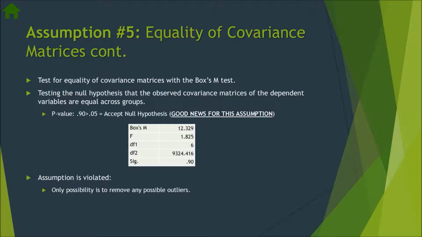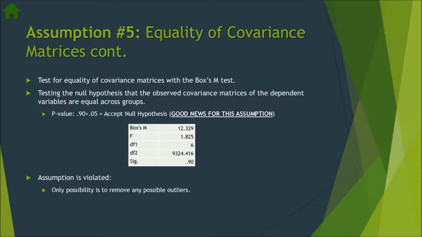However, in the example that we've used for the depression data, the Box's M test gives us a significant value of 0.9, which is bigger than 0.05, so we can satisfy this assumption, and we can conclude that there is no significant difference between the covariance matrices between the groups.